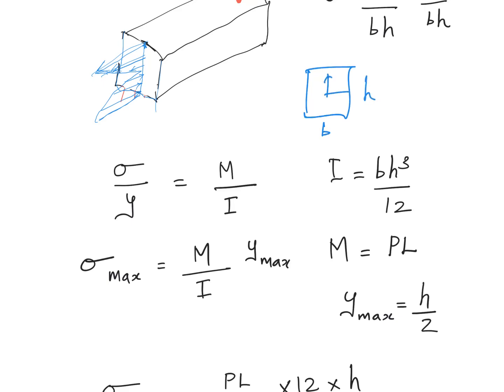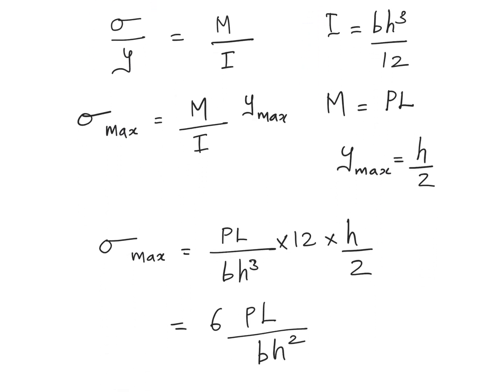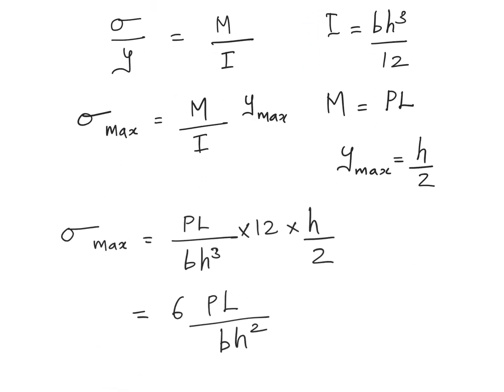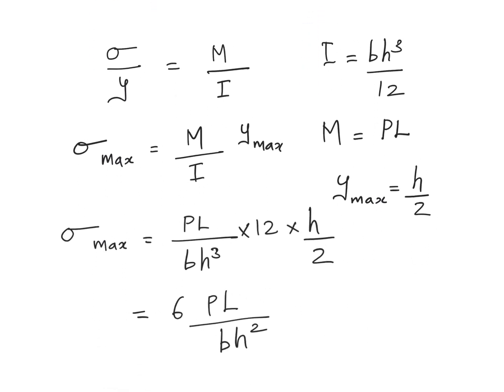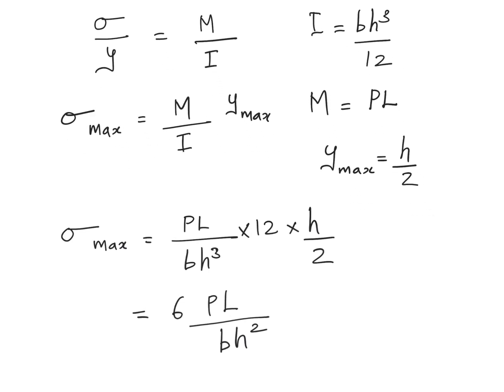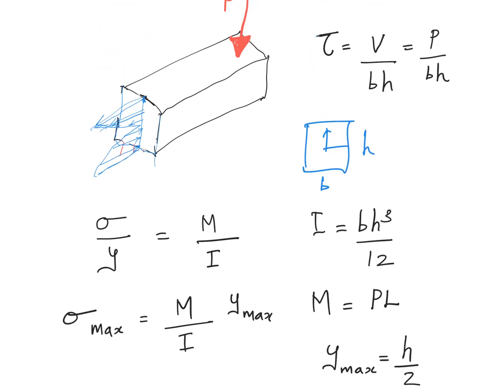So the maximum value which y can assume is h by 2. Then I, the area moment of inertia for a rectangular cross section about this particular axis, let me highlight that because that's very important, especially that the I value is about this axis because you are bending it about that particular plane.